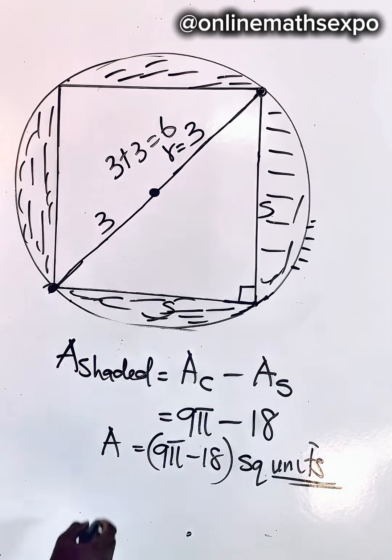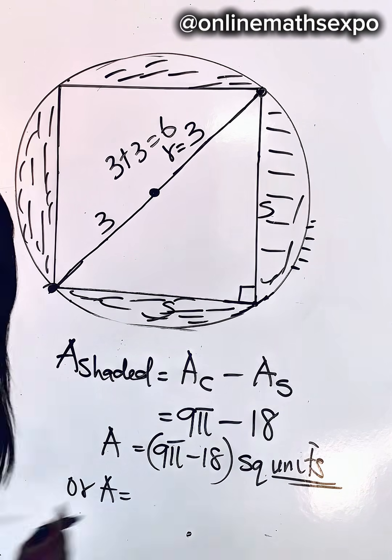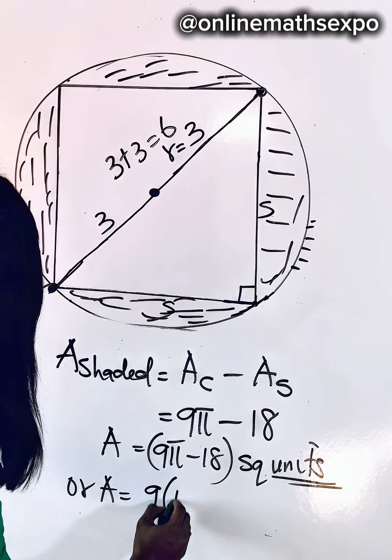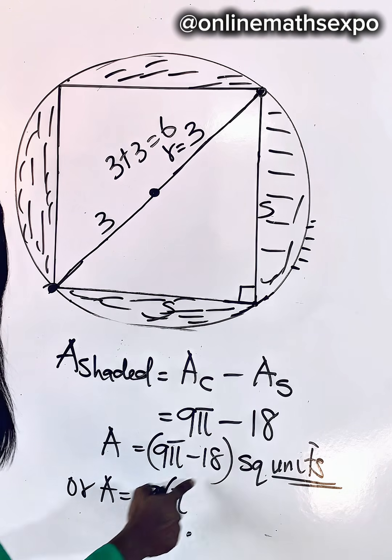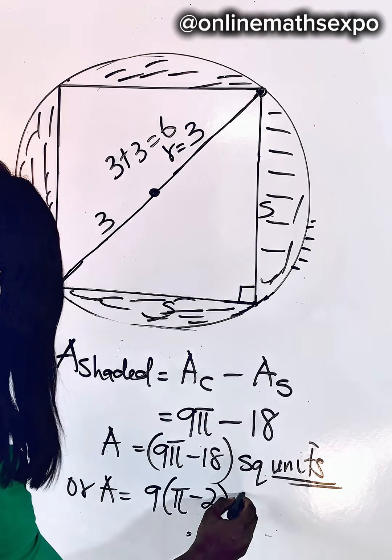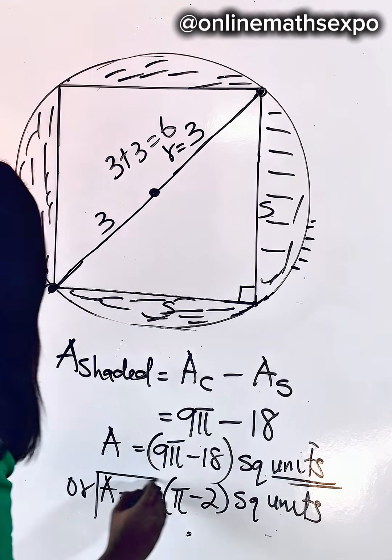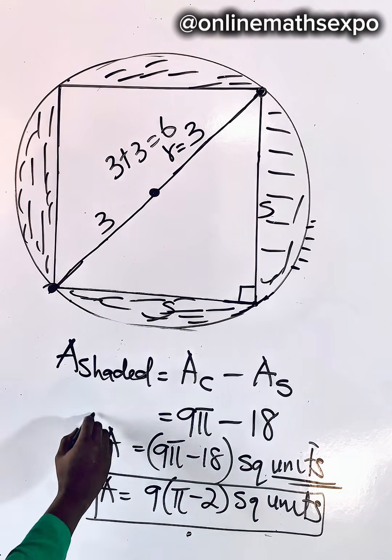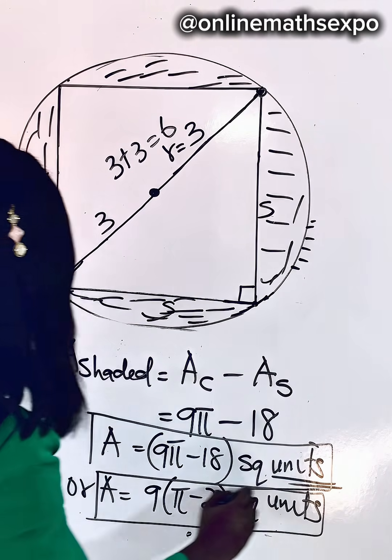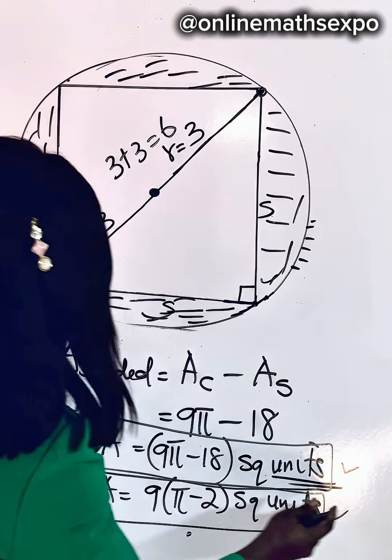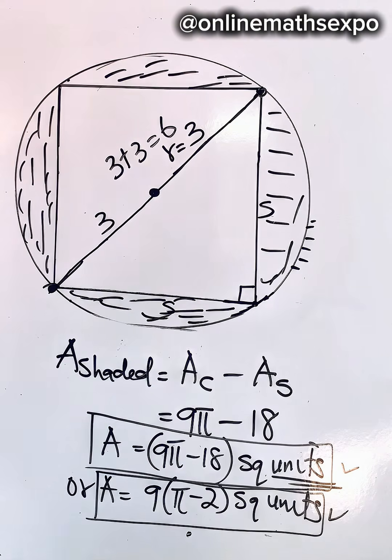You can also factor 9 out, then divide: you have pi, and 18 divided by 9 gives you minus 2. So you can leave it in this form, or you can have it in the other form. These are the two forms the area can be shown.